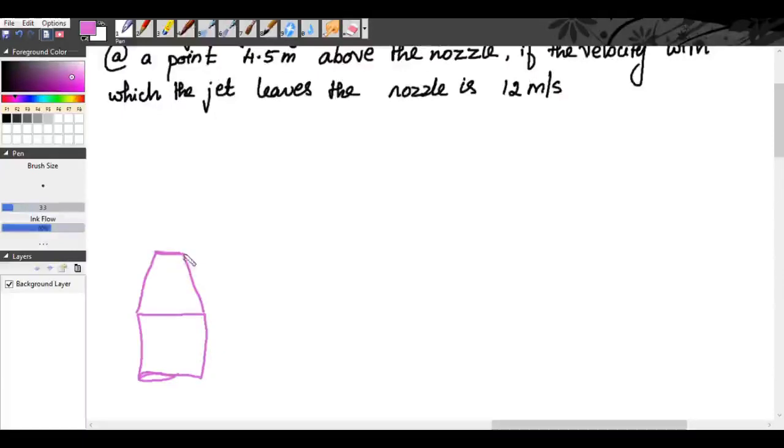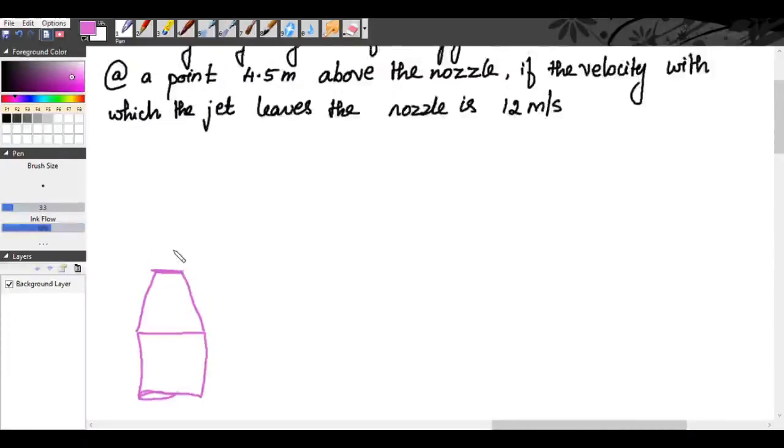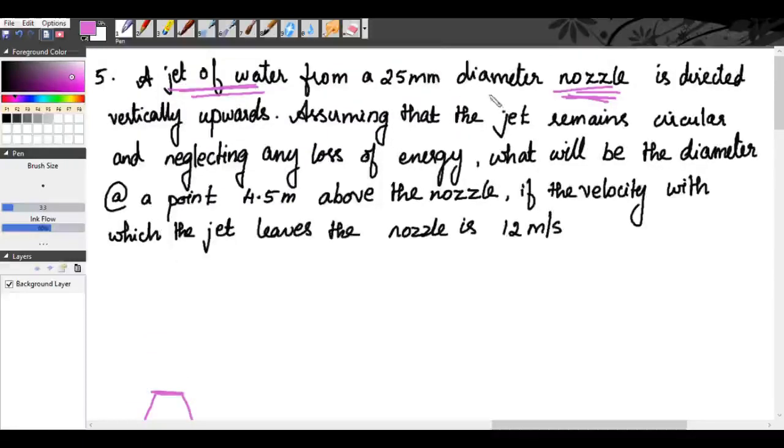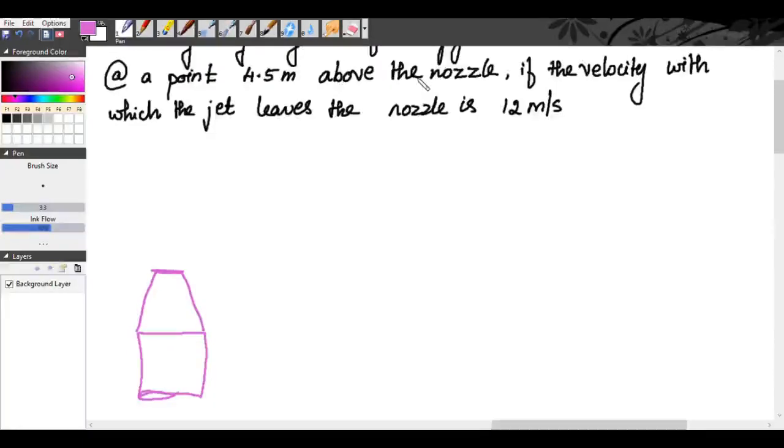So this part is called nozzle. So what is given? The diameter of the nozzle is 25 mm. So this is the tip of the nozzle. So this is our nozzle and the diameter of the nozzle, that is at this part, the diameter, that is D1, is given as 25 mm. That is nothing but 0.025 meter.